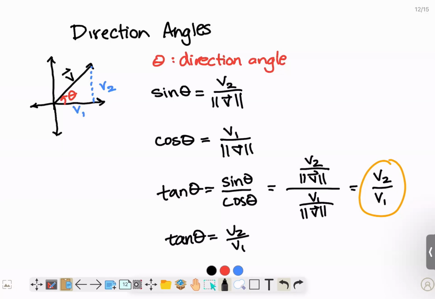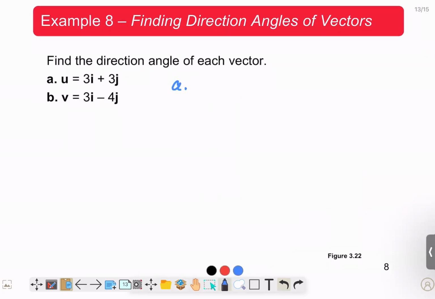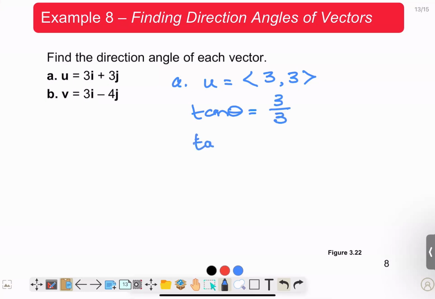So let's do that. All right, so part A, I'm looking for the direction angle of this vector u. This is saying that my vector u has a horizontal component of 3 and a vertical component of 3. So tangent of my direction angle will be 3 over 3, so tangent of that angle is equal to 1.